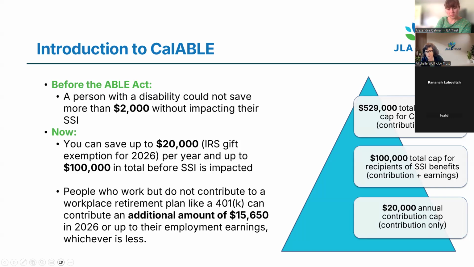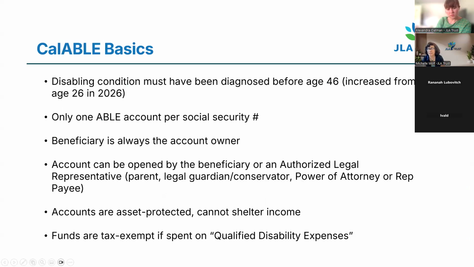Okay, CalAble basics. So the disabling condition, initially it had to have been diagnosed by a medical professional before the age of 26. That has changed to age 46 just this year. Only one ABLE account per social security number.